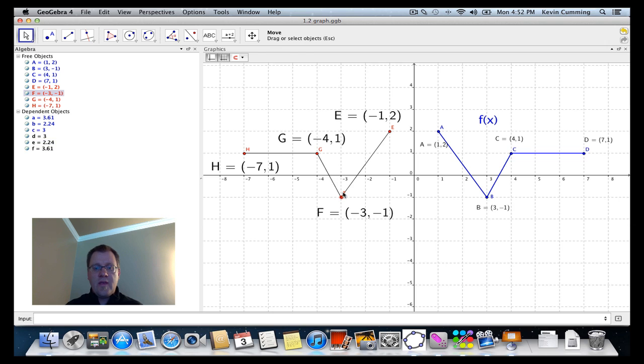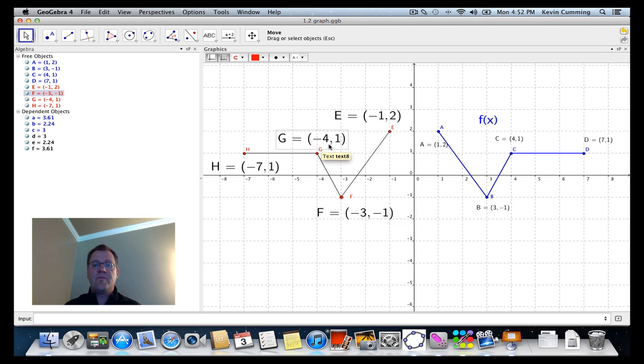So what is it that has changed in these points? If we take a look at each one separately, A was (1, 2), E is now (-1, 2). B was (3, -1), and F is (-3, -1).